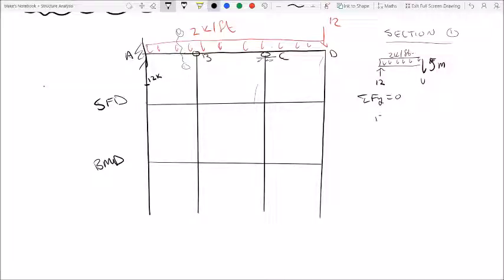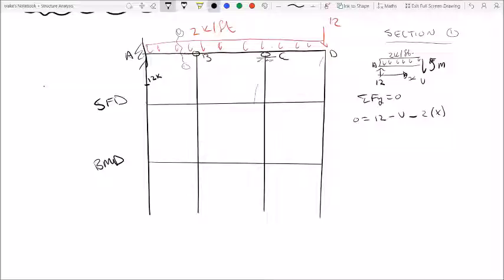So we've got 0 equals plus 12 minus our shear force at some distance x away from point A. And then because we have an undefined distance of variable x from point A, our uniform distributed load will be 2 times x.